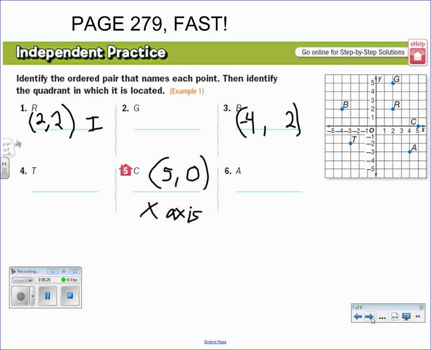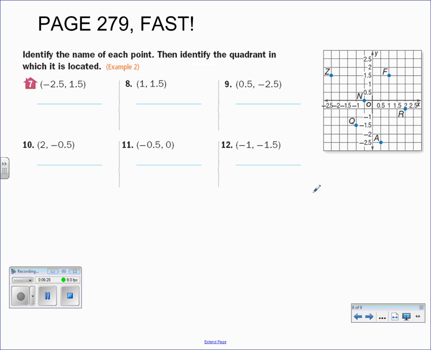All right. Jump ahead a little bit. It doesn't have to go up evenly, just like the number lines, right? So something like this, negative 0.5 would be right here, 0, so that's N. What quadrant? It's not in a quadrant, it's on the x-axis.